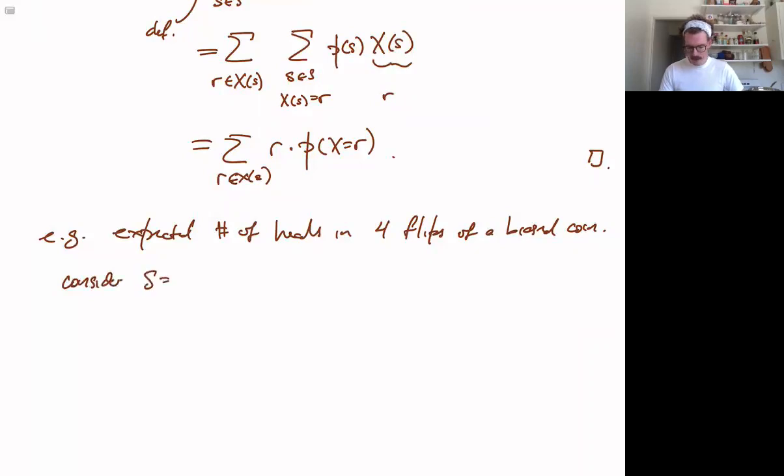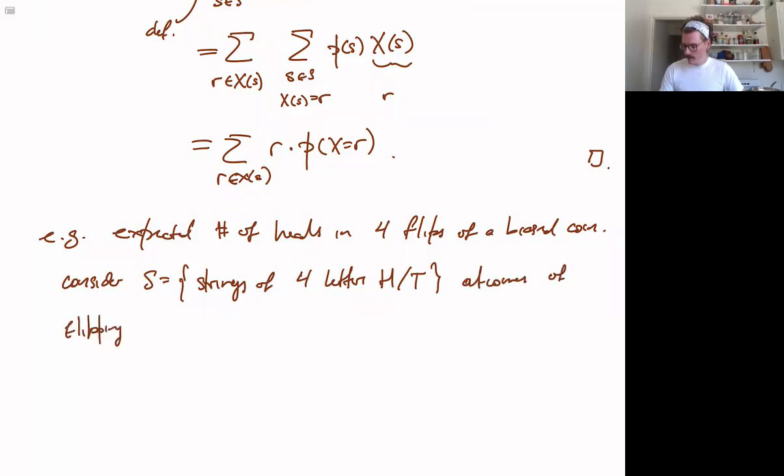So consider S equals the set of strings of 4 coin flips, which we can model as 4 letters, heads or tails. These are the outcomes of flipping a biased coin.